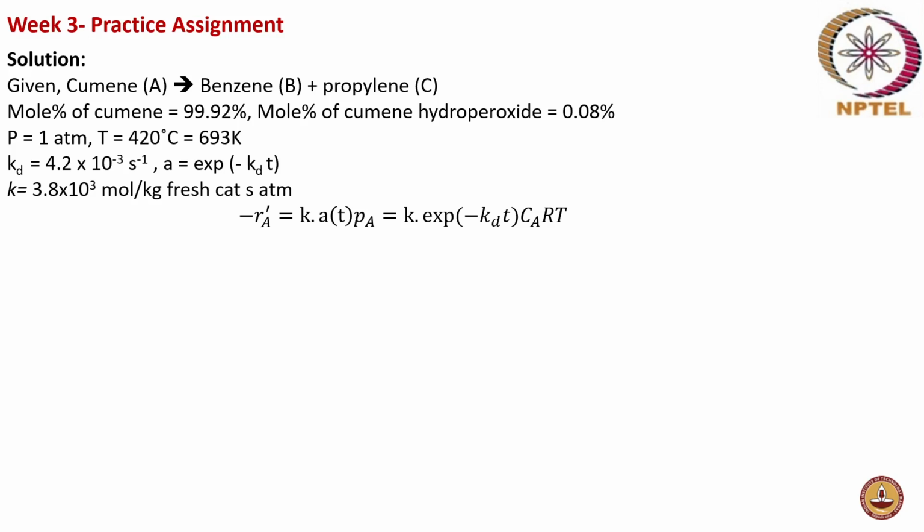Can you tell me why I used partial pressure of A instead of just concentration of A? What made me choose partial pressure of A for the amount of reactant instead of Ca? Why did I choose Pa initially to write the expression?